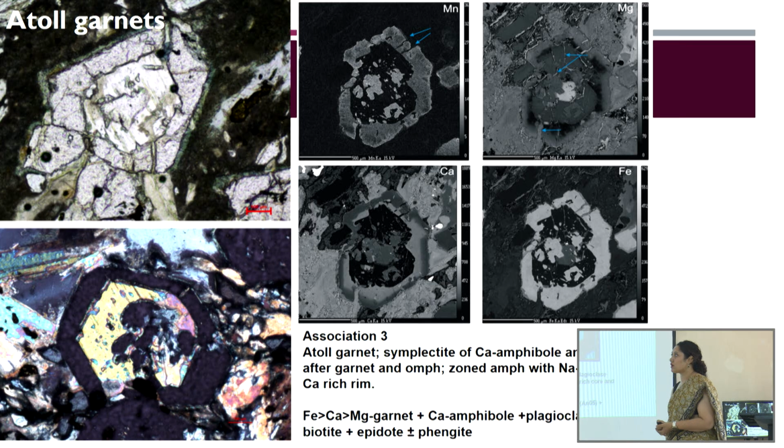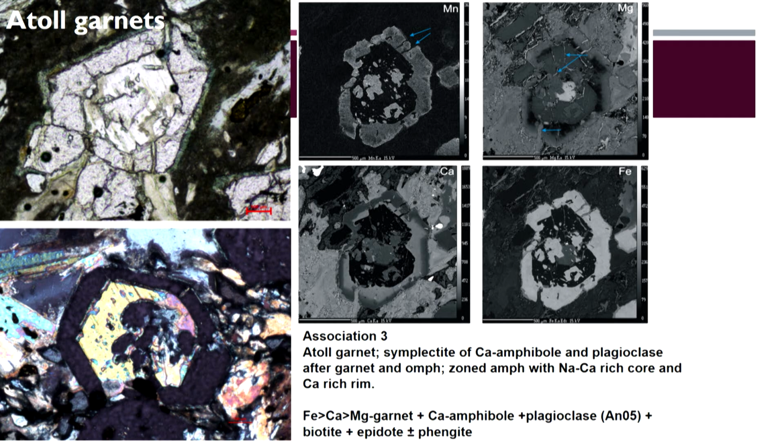Atoll garnets, another very fascinating observation that we found in these samples. So you have whole porphyroblastic garnets, which are full of inclusions, and you also have garnets which have a central part completely occupied by another mineral. Here it's phengite, the mica, which is occupying the central portion.